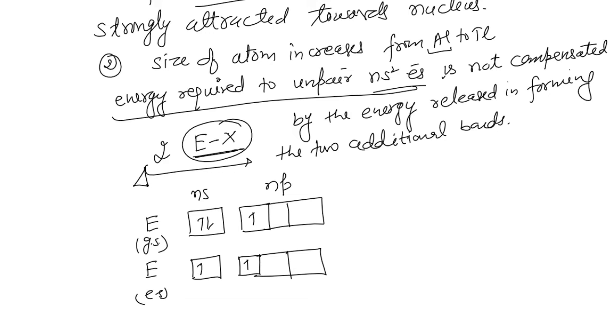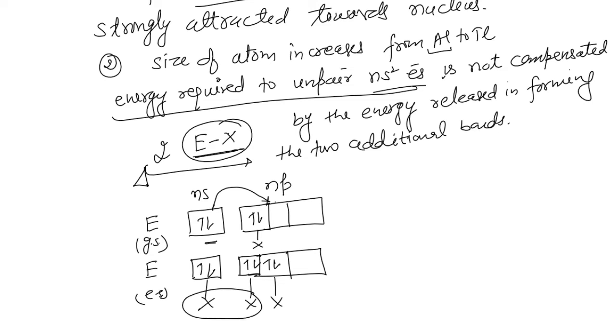Energy is required to shift the electron from ns to np. If there is only one unpaired electron, only one bond is formed, but when the s electron shifts to np, three bonds are formed.